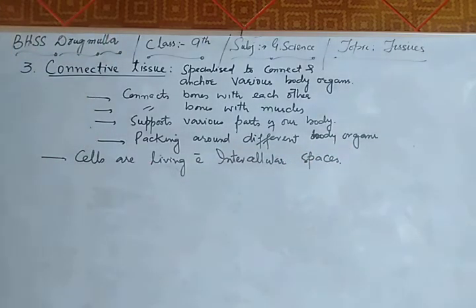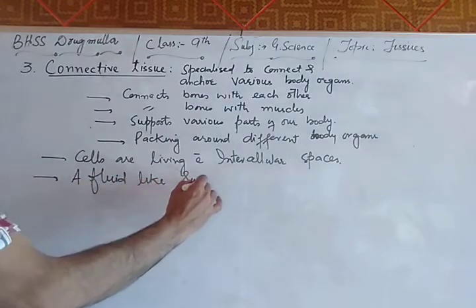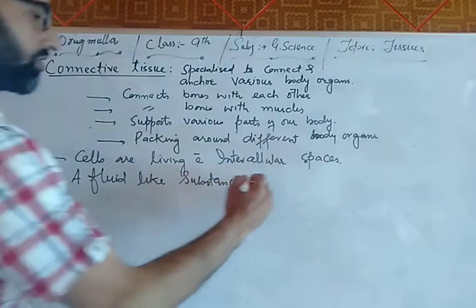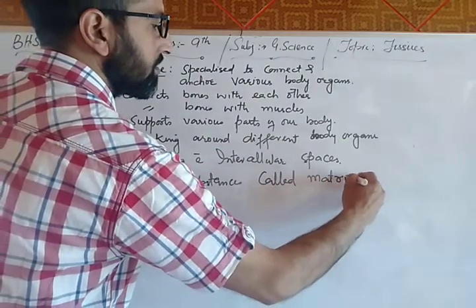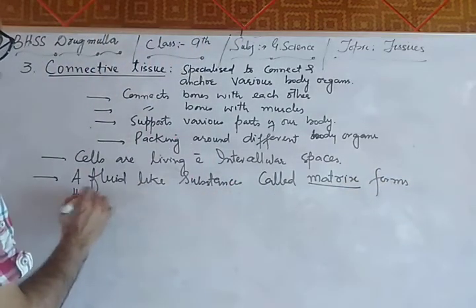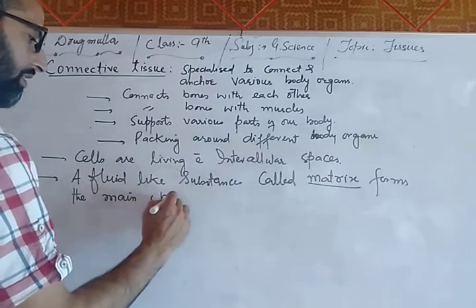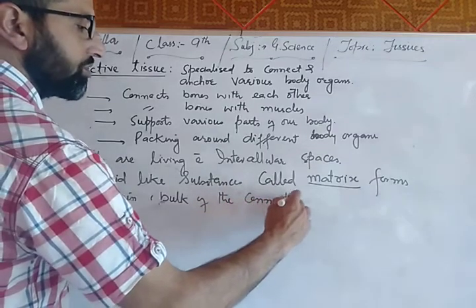And an interesting feature of this tissue is that a fluid-like substance called matrix, important point, forms the main bulk of the connective tissue.